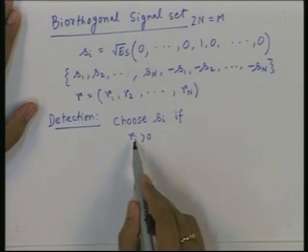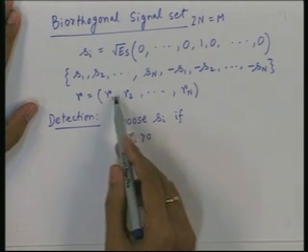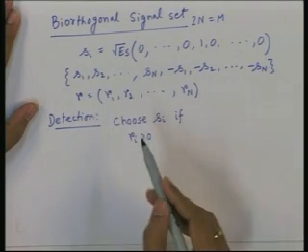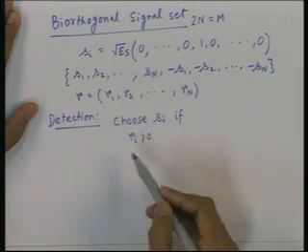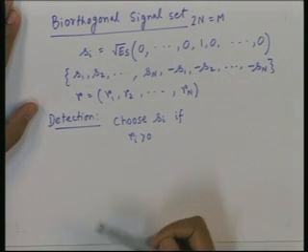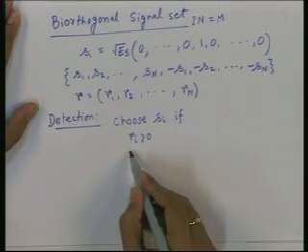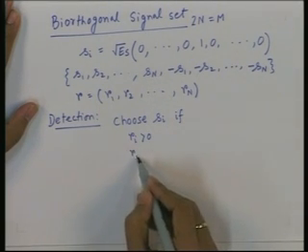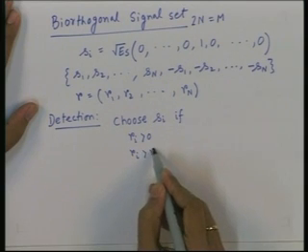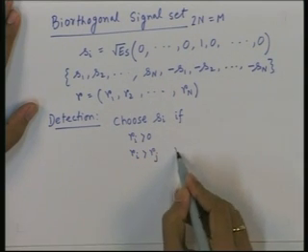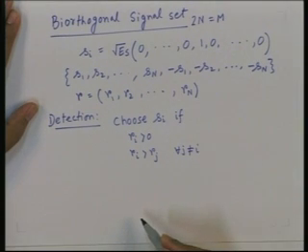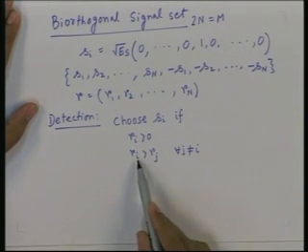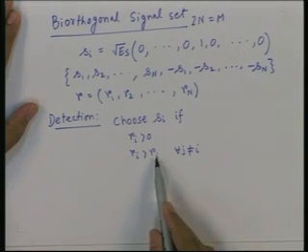If Ri is greater than 0, the other components of the received vector should also be less than this value, because otherwise some other signal point is nearer to the received vector. So, that means Ri is greater than Rj for all j not equal to i, and also it should be greater than the negative of Rj.